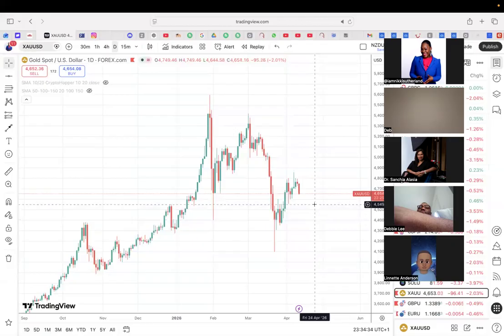Okay, so I am starting on the day chart. This is how I mark up my charts, and I have done so since at least 2018, and it hasn't steered me wrong. Some people don't do it like that, and that's absolutely fine.